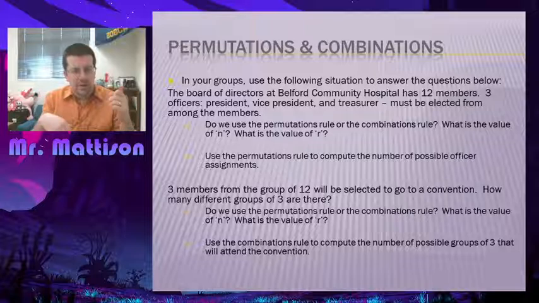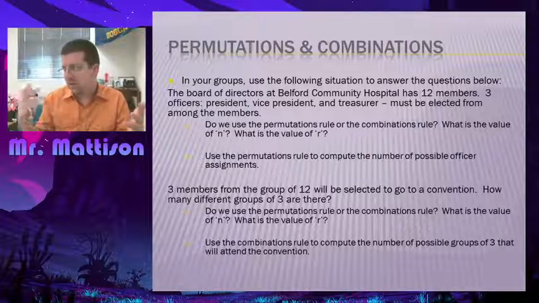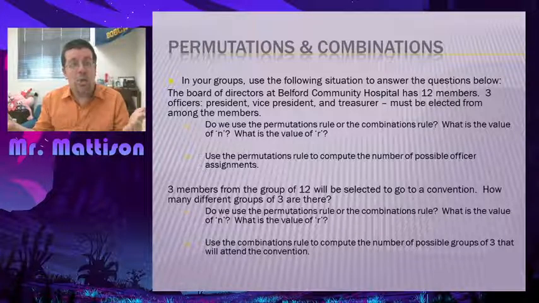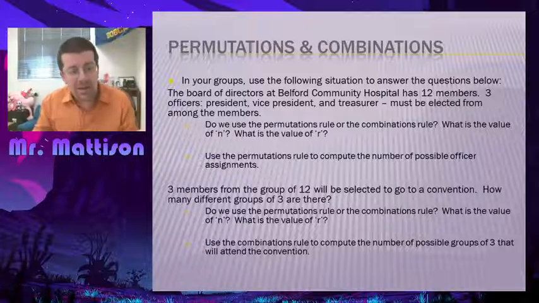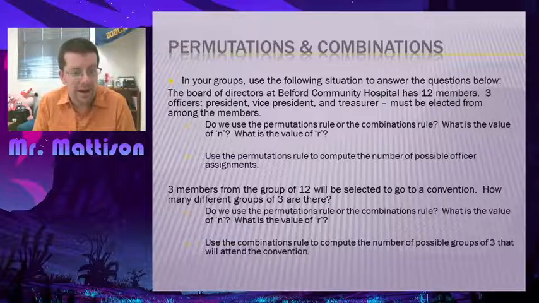Does president versus vice president versus treasurer, are those different roles? Yeah, me being president versus them being vice president is a different outcome to them being president and me being vice president. So the order matters there. So that's a permutation. So n is 12 because there's 12 members, and our r is 3 because there's 3 people who we care about there.